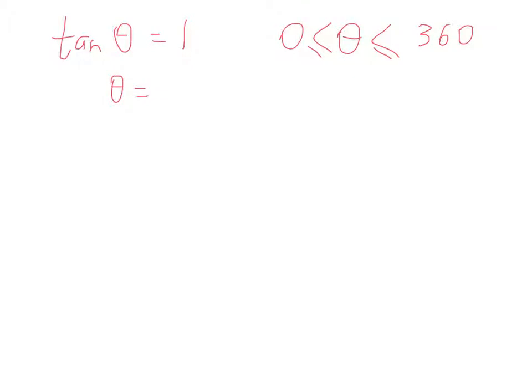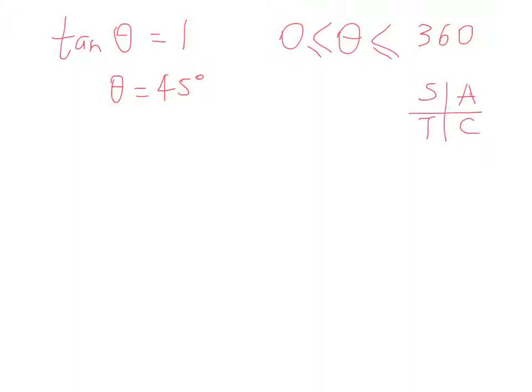Alright, so I've got something like tan theta equals 1. And this time I'm going to say it's for the same domain, between 0 and 360. Alright, well first of all, we know that tan theta equals 1 is one of our exact values, so we know that theta equals 45 degrees. So 45 is my first solution. Again, well, where is tan positive?